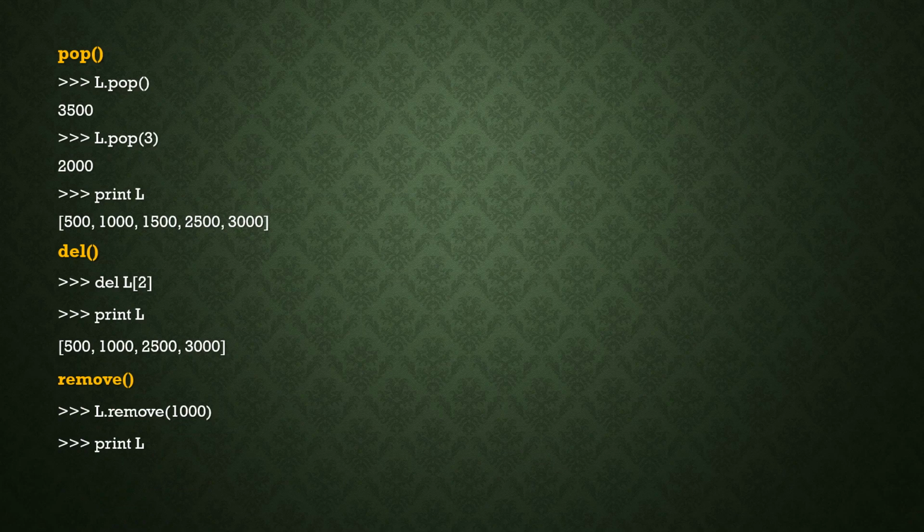And one more thing is del L[2]. So directly we can use the delete function or delete method, that is to delete a particular index value. Here del L[2]. The latest value of L is 500, 1000, 1500, 2500, 3000.